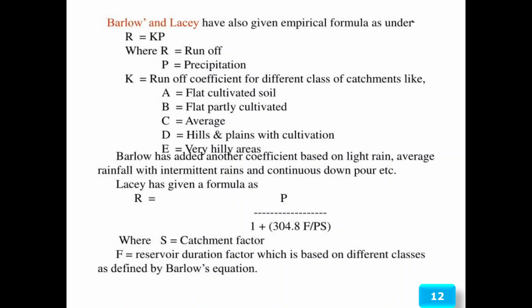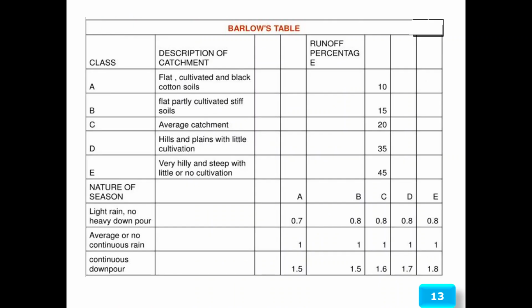Lacey has given a formula, R is equal to P divided by 1 plus 304.8 F divided by PS, where S is the catchment factor and F is the storm duration factor, which is based on different classes as defined by Barlow's equations. See Barlow's table, classes A, B, C, D, E, the nature of the season: light rain, maybe no heavy downpour, average or no continuous rain, then continuous downpour.